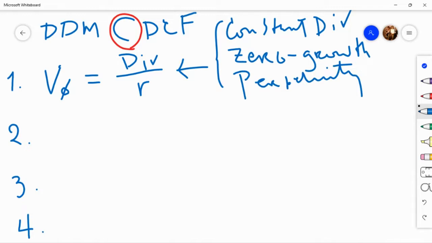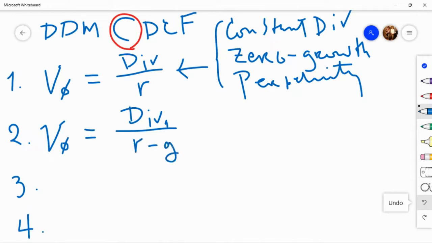The second model is what they call the constant growth model or Gordon growth model, which is dividend at time one, the next period dividend, sometimes with time subscript t plus 1, over R minus g.